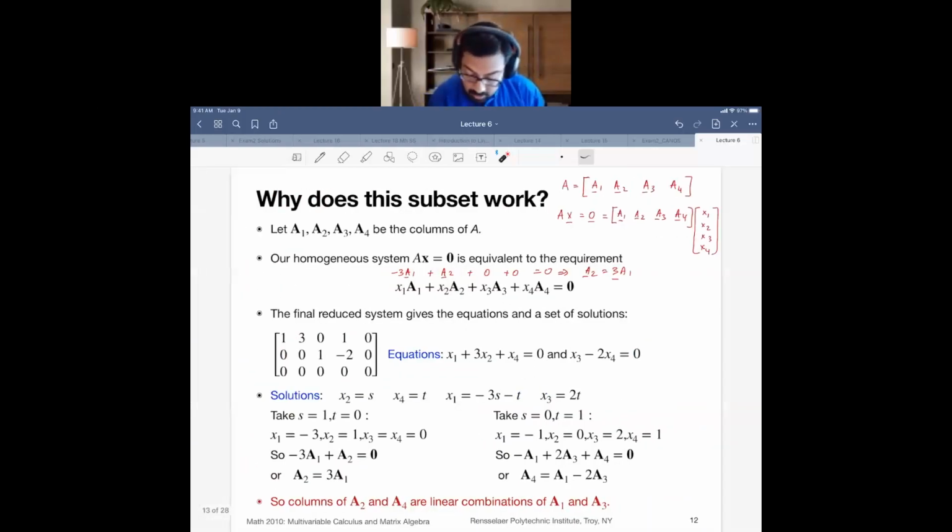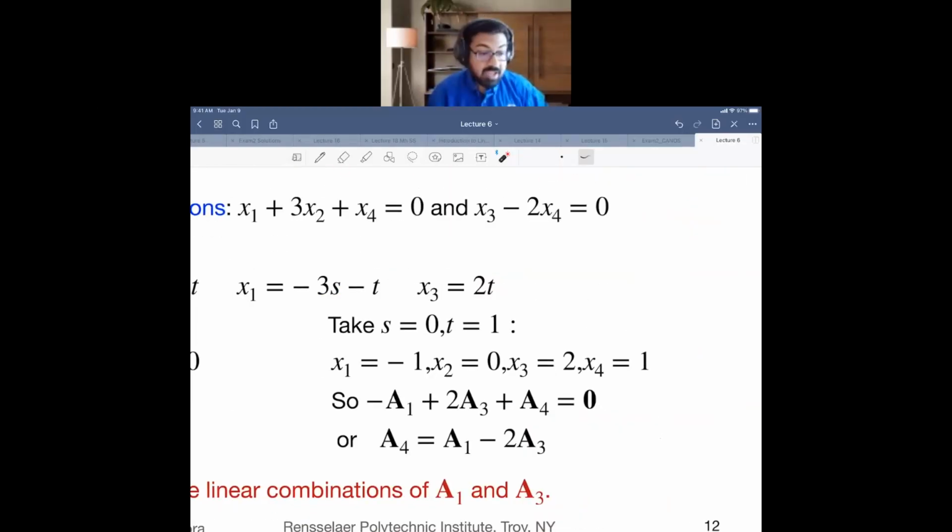Next, let's focus on a4 now. Why don't we need a4? Well, if you took the same set of solutions, but instead of plugging in 1 and 0, if you did s equals 0, t equals 1, then you will be able to represent a4 as a linear combination of a1 and a3.